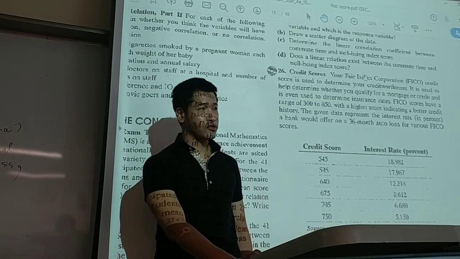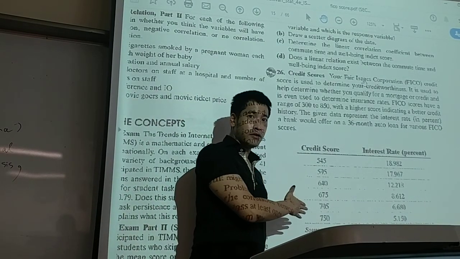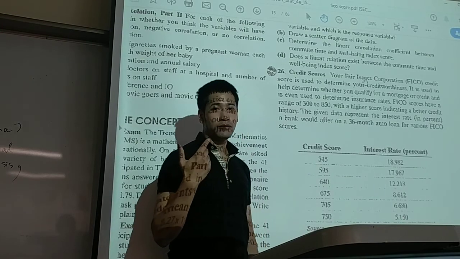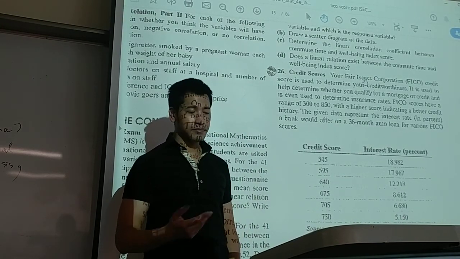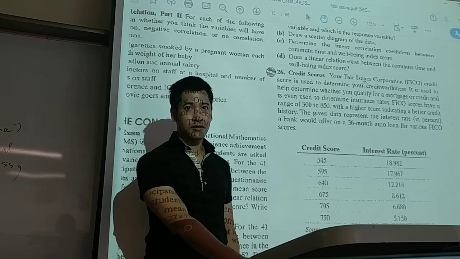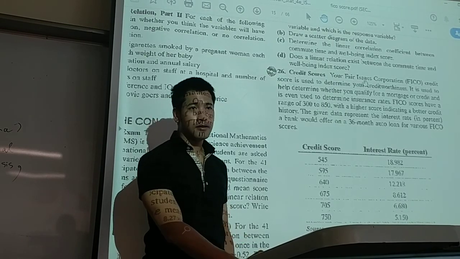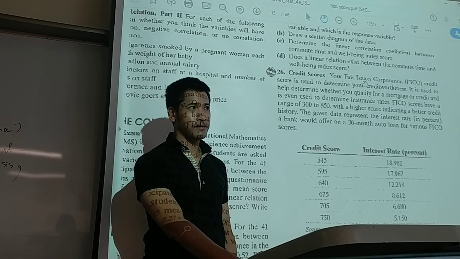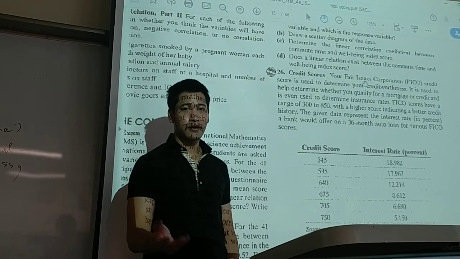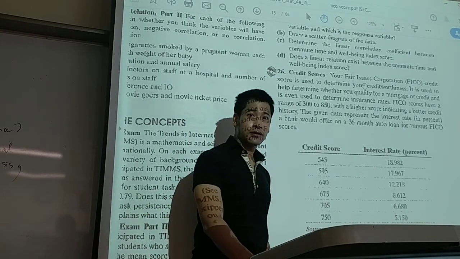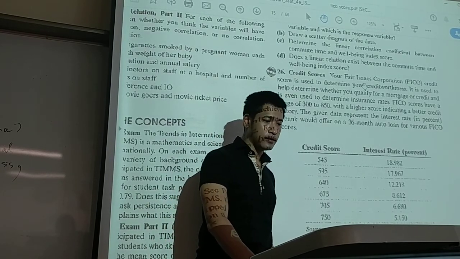All right? So the FICO score in the US is calculated using your salary, the job stability that you have, as well as credit card history. Have you properly paid the credit card in the past, etc.